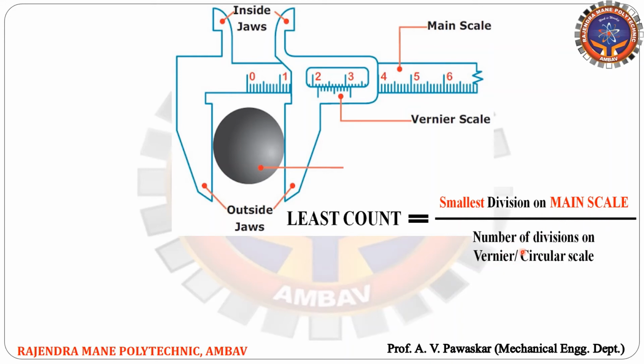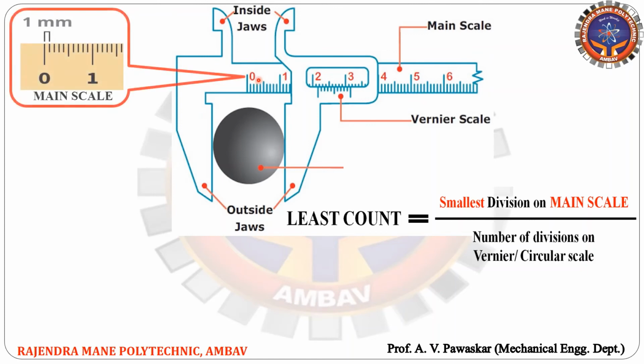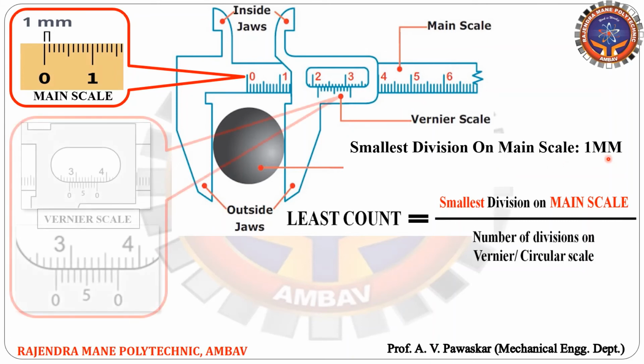So we need the smallest division on the main scale, which is on the fixed jaw. The main scale has a minimum measurement of 1 mm, so the smallest division on main scale is 1 mm.